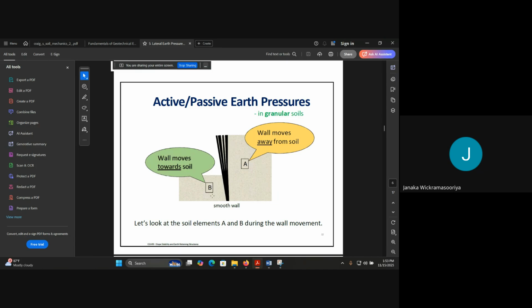So it is called the passive side. Here in this side, the soil gets released or relaxed. So that is called the active side. So the side in which the soil gets relaxed is called the active side, and the other one is called the passive side.